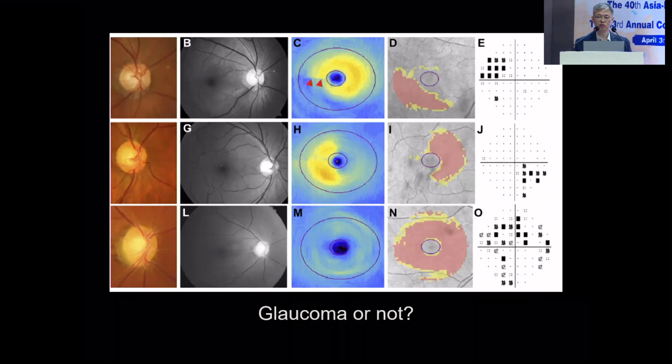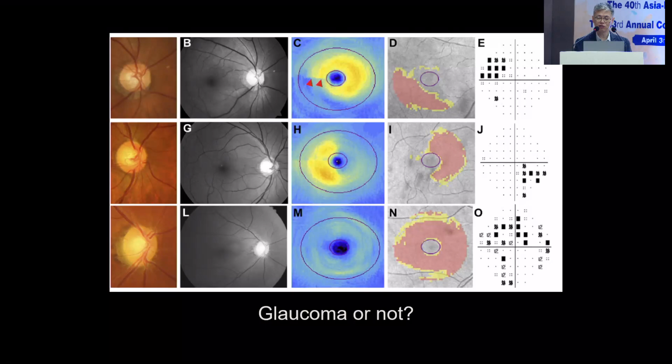One very useful tool here is what has been described as the temporal raphe sign, which is something you see on the OCT. And so if you have a superior nasal visual field defect, that's the top row of this series of pictures, and you can match that to a macular GC-IPL thinning that respects the midline, the horizontal midline or the temporal raphe, then you most likely have a glaucoma.